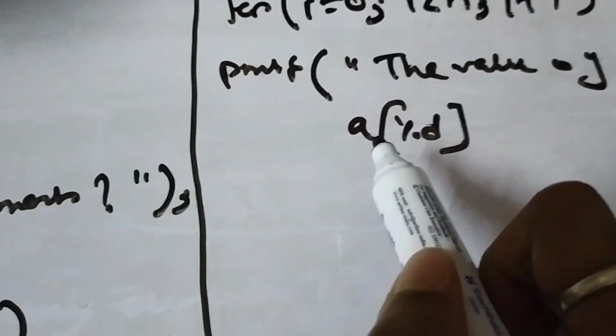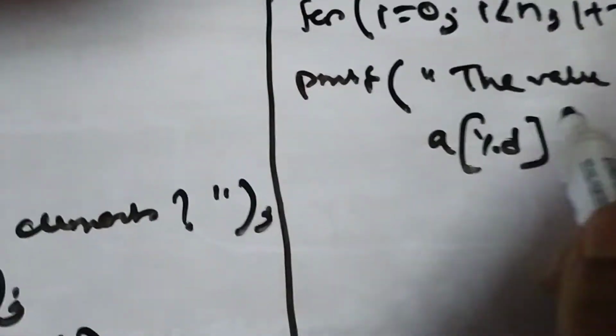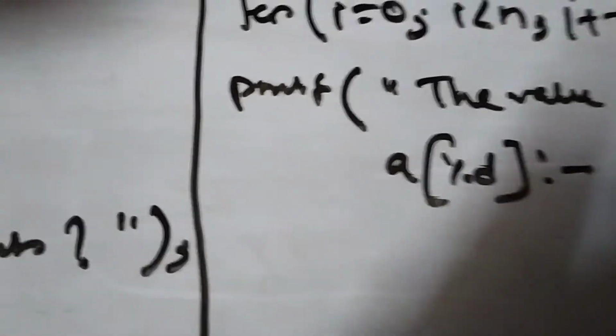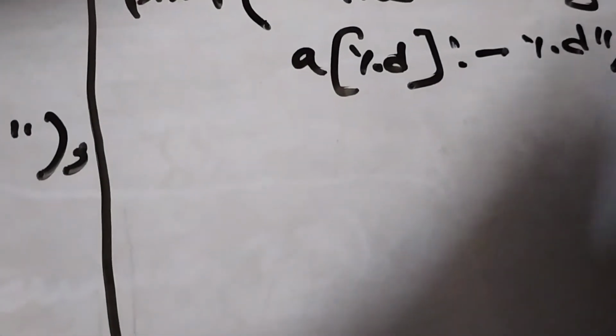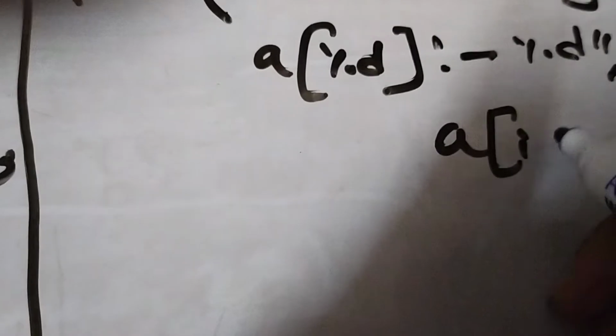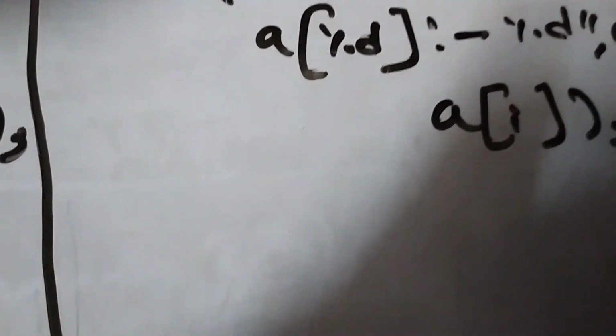So %d is nothing but the integer type value. So this is the end of the program.